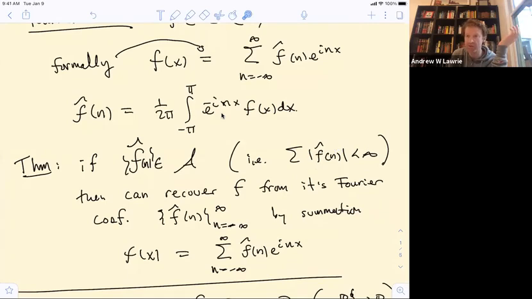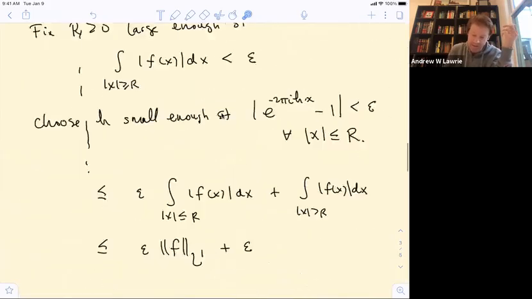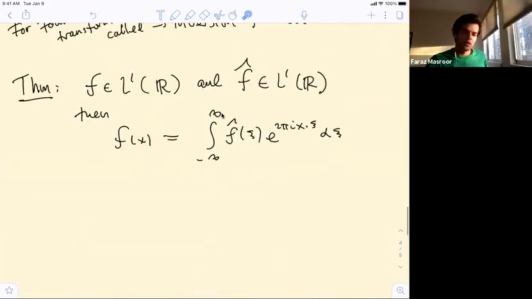Then we can recover f from its Fourier coefficients. So this is an inversion formula for Fourier series. It's typically not called that, just from classical terminology, which asks the question of convergence: when does this thing converge and in what sense? But it's a direct analog of this inversion theorem.